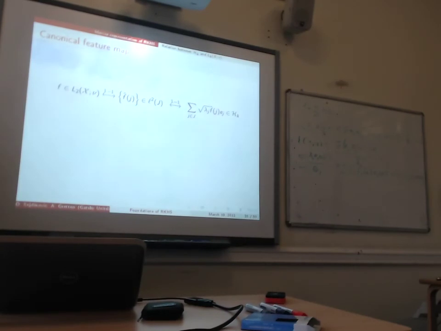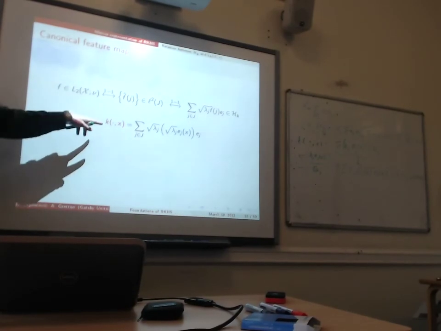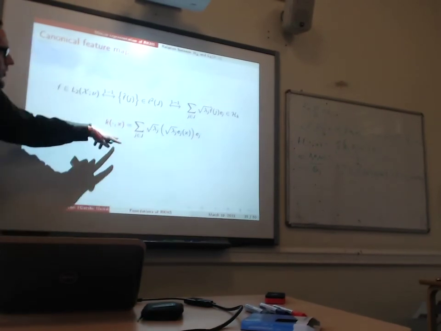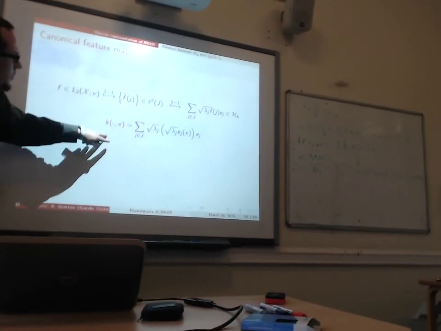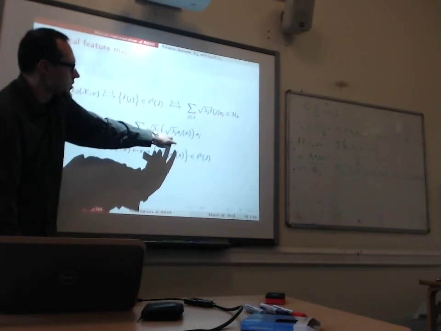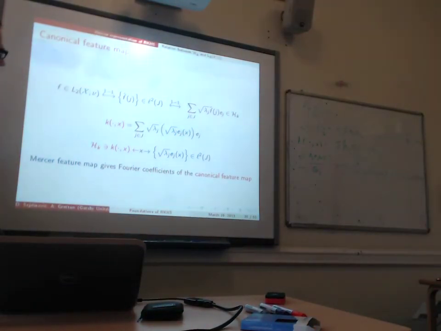And again, reiterating that we had that relationship, and recall that what this does for the function k_x, it just expands it in this way, and that's just Mercer's theorem. So we've had that this is a canonical map. We've had that these coefficients are the Mercer's map.